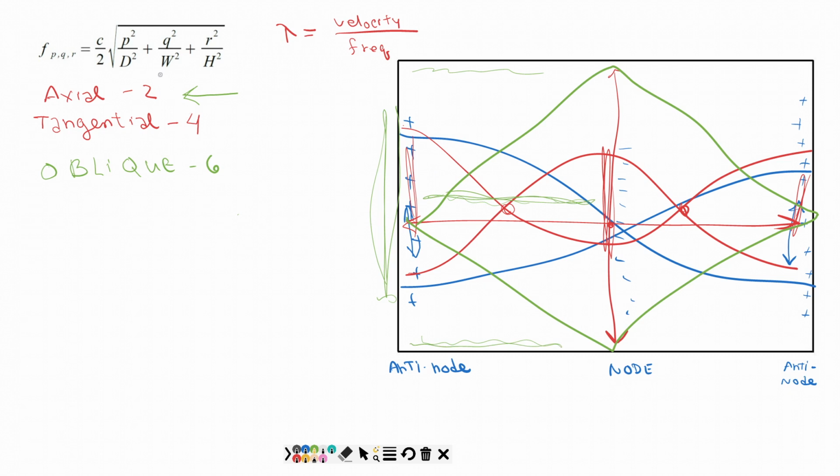Then if I want to look at the sort of, I'll call it the harmonic, right? The octave, you would put a 2 in here, or a 3, or a 4, or a 5, and you would continue in this fashion. Now, when you want to look at the tangential modes, you would be looking at 2 of these. Maybe the depth and the width, or the depth and the height, or the width and the height. The odd one out, you put a 0 in for P, Q, or R. Right?